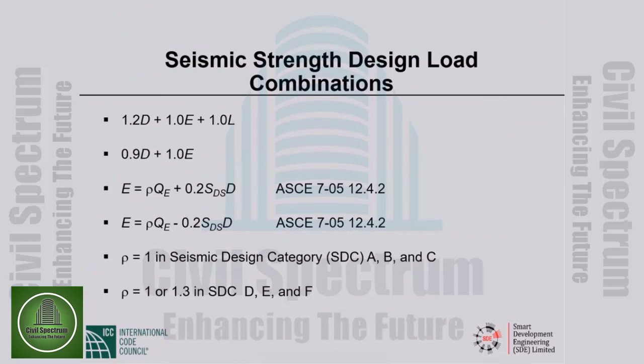Now, here in the first 2 lines, I have written the additive seismic and the counteractive seismic load combinations. Then the E, earthquake effect, is made up of 2 parts.